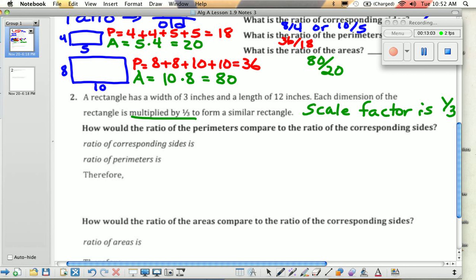Yeah. Okay, now the question they're asking is how would the ratio of the perimeters compare to the ratio of the corresponding sides? How would the perimeter change compared to how the sides change? That's really what it's asking. So what do you think the ratio of corresponding sides is? Let's answer this one first.